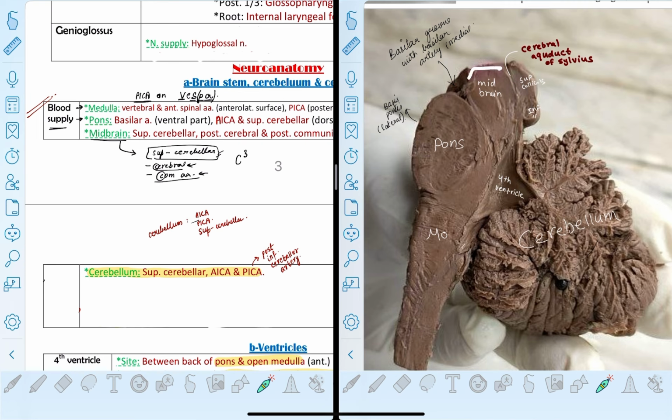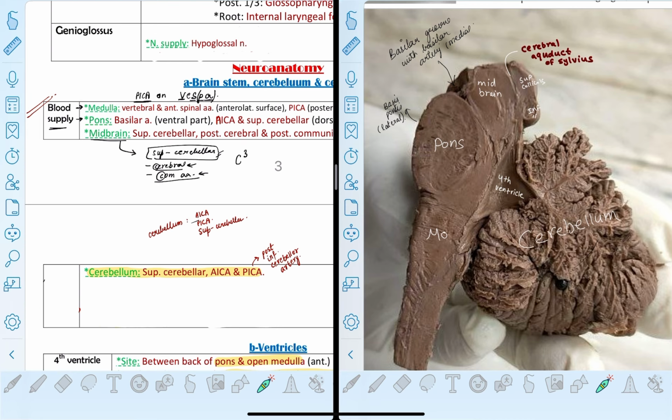So this is going to be like a toothpick or some stick sticking from here to any part, either cerebellum, midbrain, pons or medulla. Now in this, the only thing they're going to ask is blood supply, because that's the only thing that's given in the notes.